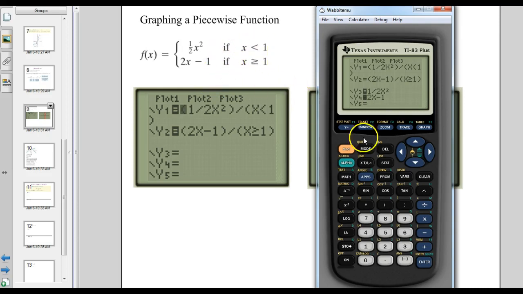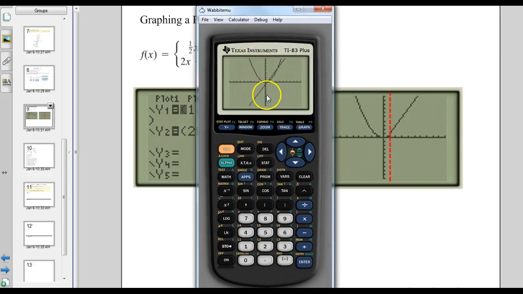And you see that it graphs the entire parabola and the entire line, and you don't get the piecewise graph. Remember, this is no longer a function because there's two outputs for a given input. You can't have both of them plotted. It's only going to give you one y for each x.